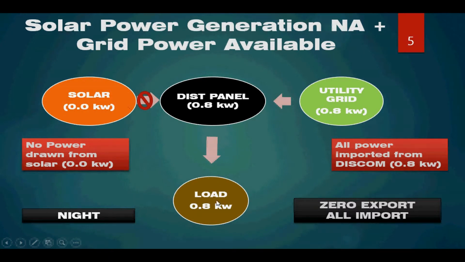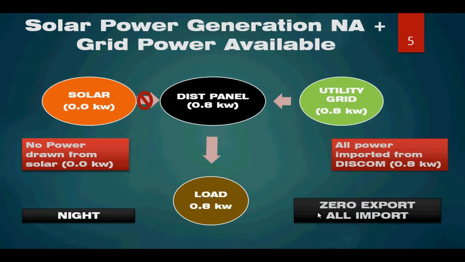So this is like your normal connection. All the power is imported from your distribution company. No power is drawn from solar. This is zero export and all import. You are not exporting any power to the grid. All the required units will be imported from the grid.